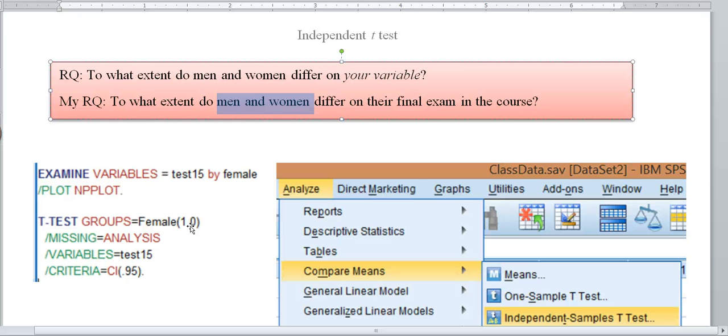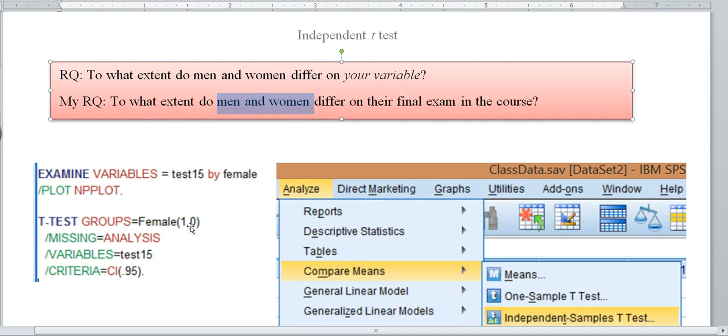If instead you had coded your variable levels as, let's say, 2 and 3, then you would indicate 2 and 3 there. Whatever number you coded the men and the women, if you were using gender, then that's what goes in there. SPSS doesn't care. It just wants to know what to look for, what two levels within that variable are being tested.